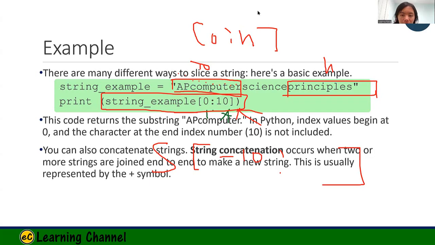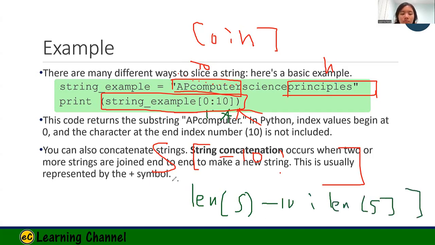This -10 actually means the length of S minus 10, colon, the length of S. But the length of S can be omitted in the Python slicing rule. Both the first n letters and last n letters, you need to know.